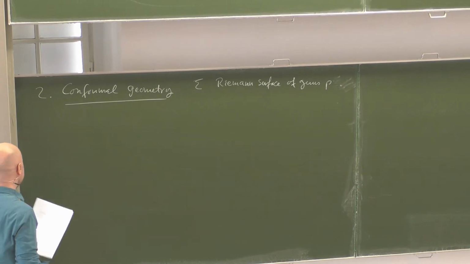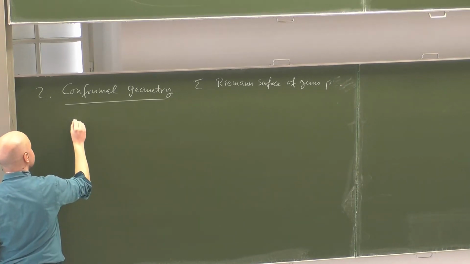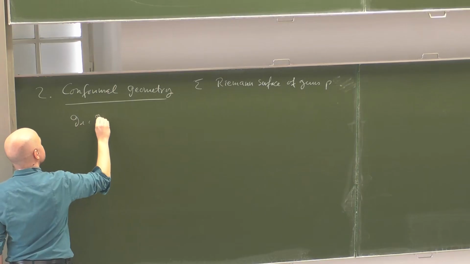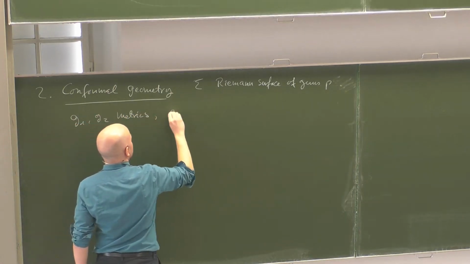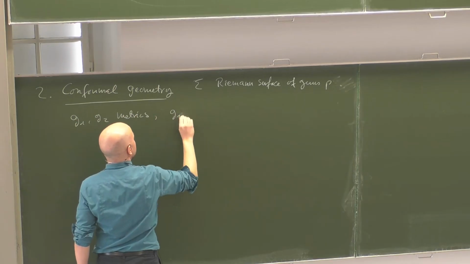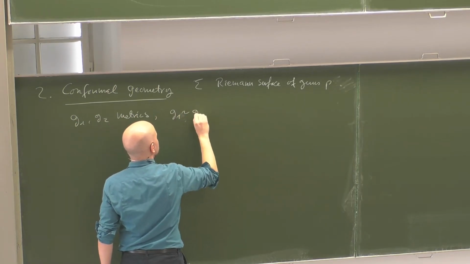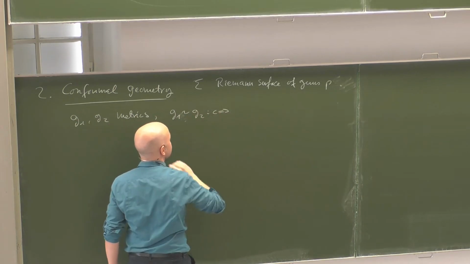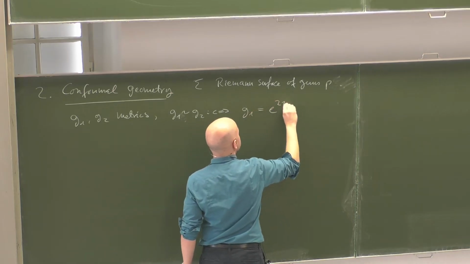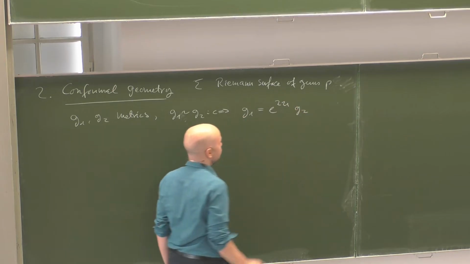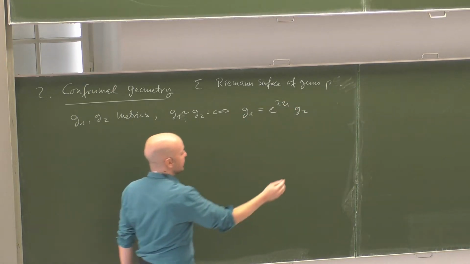And then we have an equivalence relation on metrics. We say two metrics are conformally equivalent if and only if one metric is a positive factor times the other one. u is a scalar smooth function.